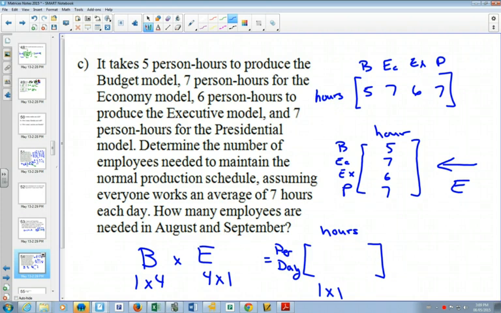If we need that many hours per day and the average worker works 7 hours each day, we're going to take that number, divide it by 7, and that'll tell me how many employees I need for that day. Again, without matrices, you could figure this out.